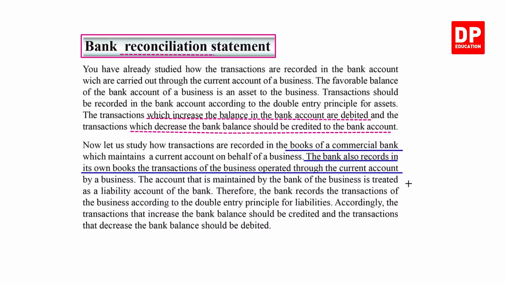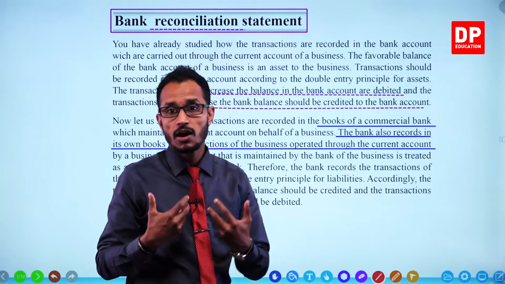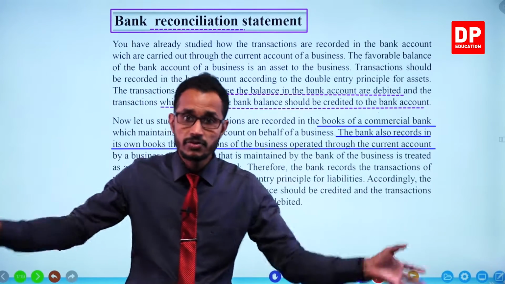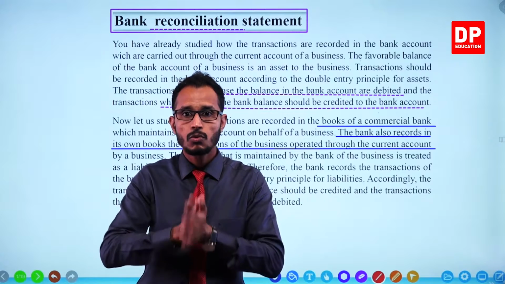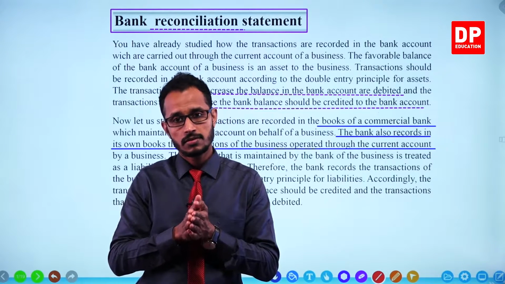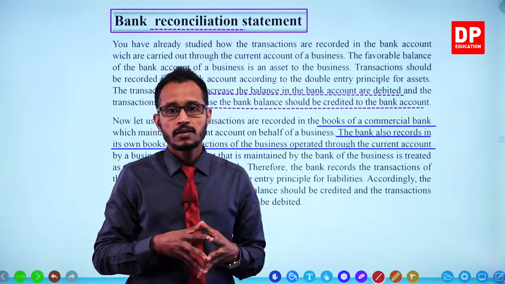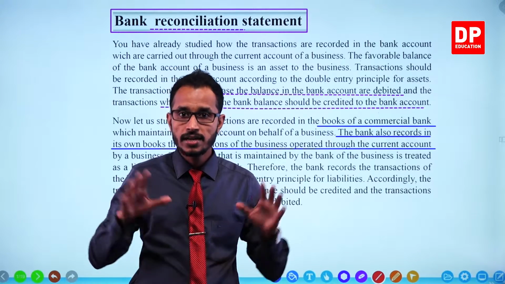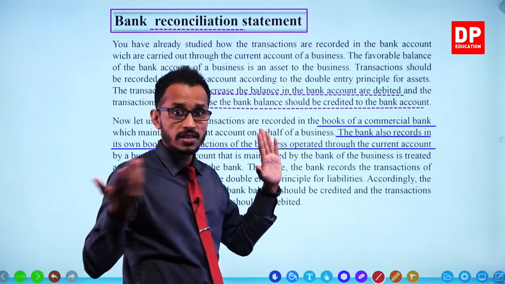The bank also records in its own books the transactions which are done by us, the business. Not only our business, the transactions which are done by every business, every person who has current accounts. All the business transactions done by the account holders, they record separately. So it's a big process in the bank.